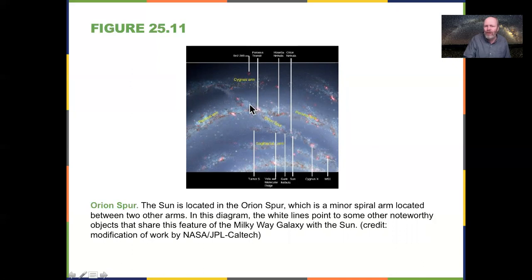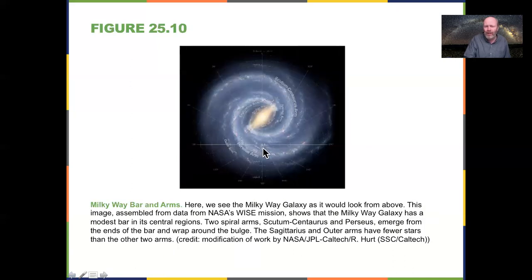So notice that most of the things that we see, even with our best telescopes, tend to be in this small area of our galaxy. So the further away we are, especially if we look towards the bulge, there's just too much in the way to see things. If I go back here, see, this is where we are. Trying to see things on this side of the galaxy, well, good luck, because there's way too much in the way.